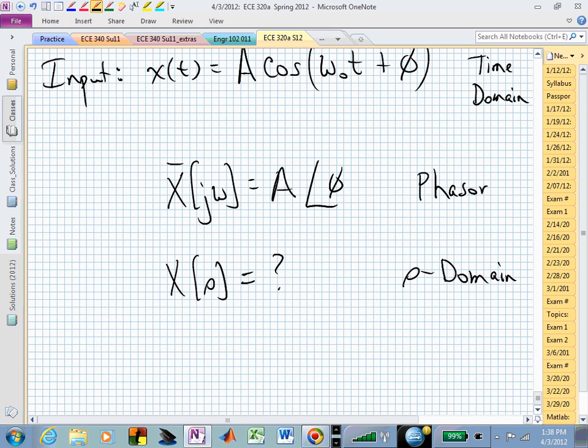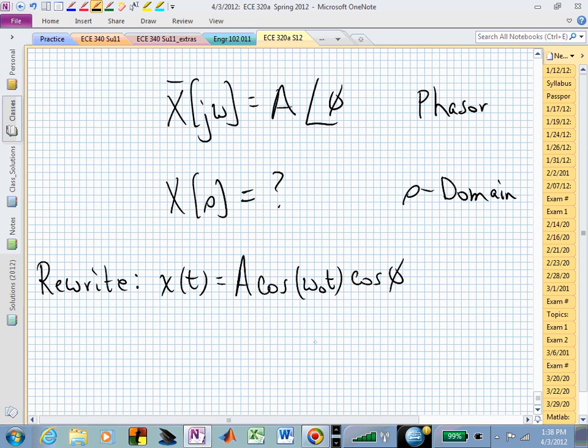Meaning, if we rewrite this, x of t can be rewritten as A times the cosine of omega naught t cosine of phi, minus A sine omega naught t sine of phi.